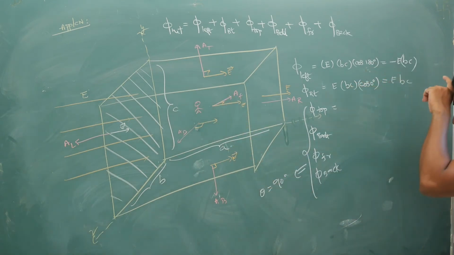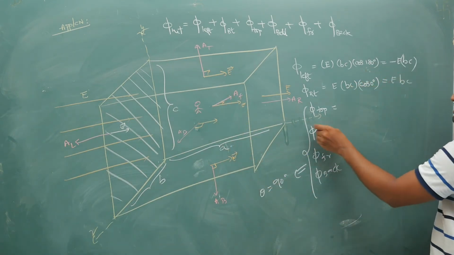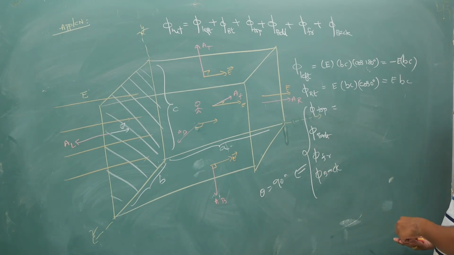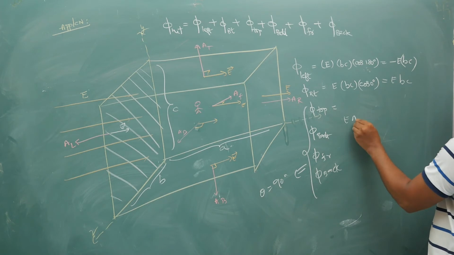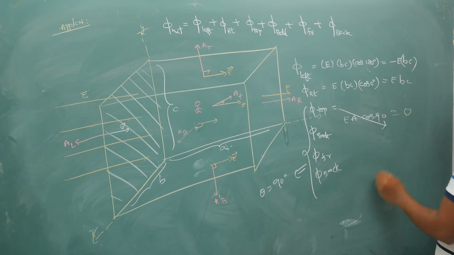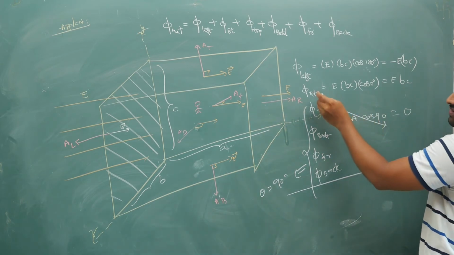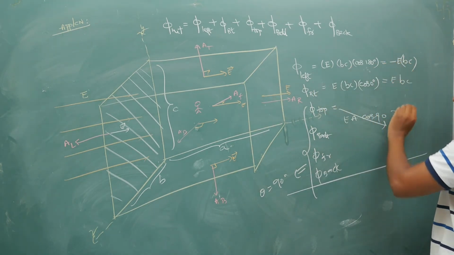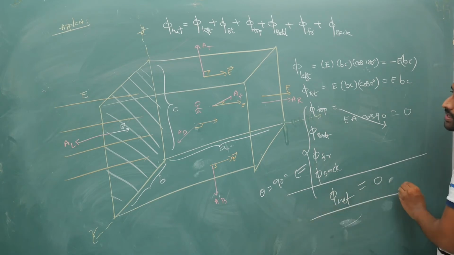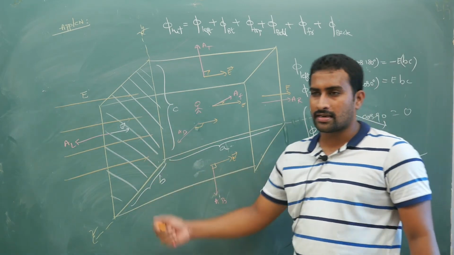So for the top, bottom, front and back, the angle between the field vector and the area vector is 90 degrees. E times the area of that particular surface into cos 90 gives 0. If you add the net flux, flux being a scalar, minus EBC plus EBC, the net flux is equal to 0 in this case of a uniform electric field.